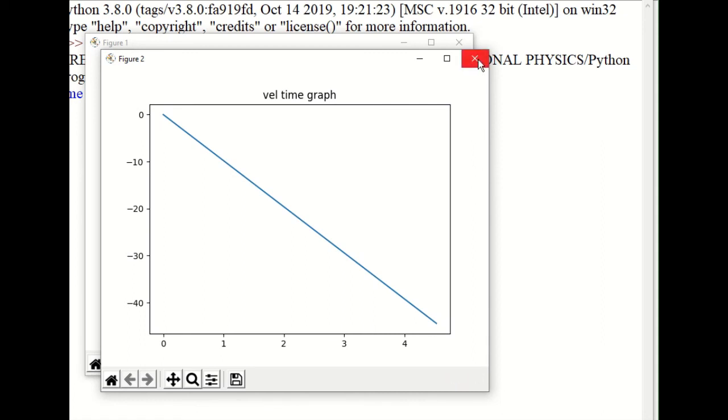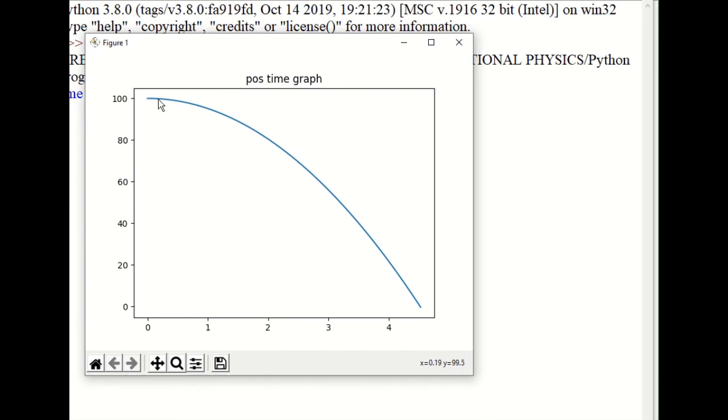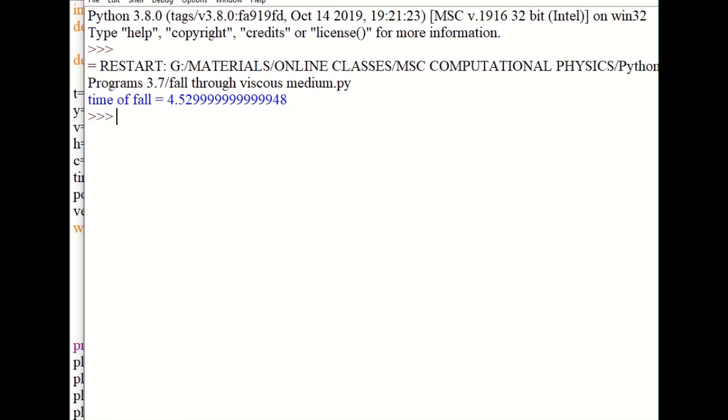It took only this much time to fall, and the position time graph is parabolic in nature. Correct? It's not a straight line. It takes only 4.5 seconds to fall, but if there is some viscous medium, due to the opposing force, it falls very slowly and it takes more time.